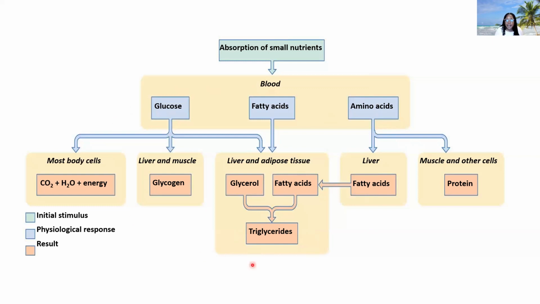So we can begin to see here that the body is very smart. It's very efficient. As much food as you will take in, as many nutrients as you will take in, the body will use what it needs and store the rest, right? That's a general principle that really only applies to the gastrointestinal system. If we think about homeostasis in any other part of the body, it will generally take what it needs and discard the rest.